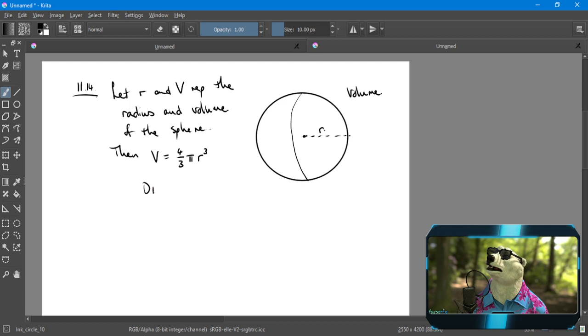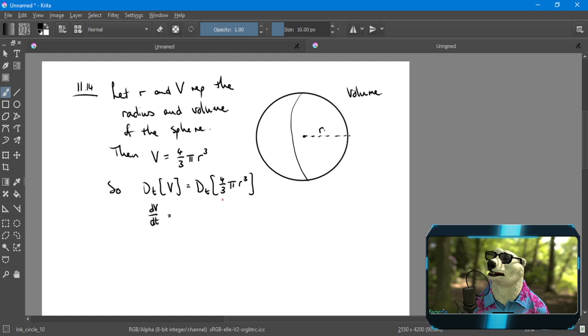I then take the time derivative of both sides, implicit differentiation, in order to get rates of change in here. So I have dV/dt on the left. Then I have the chain rule on the right because the radius is a function of time, and it's being cubed, so I have a function of a function.